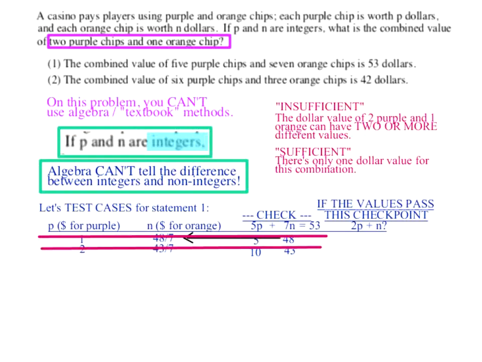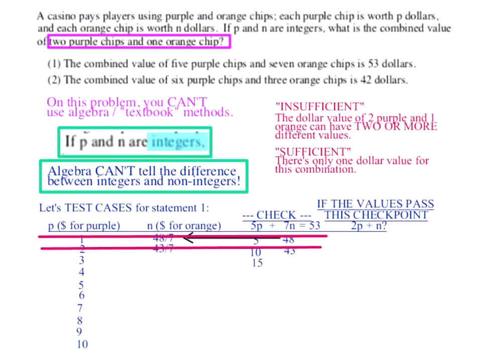Keep going with this. P for purple, 3, 4, 5, and so on, all the way up to 10, because if you had more than 10, that would mean you have more than $53 already. So let's just try these.